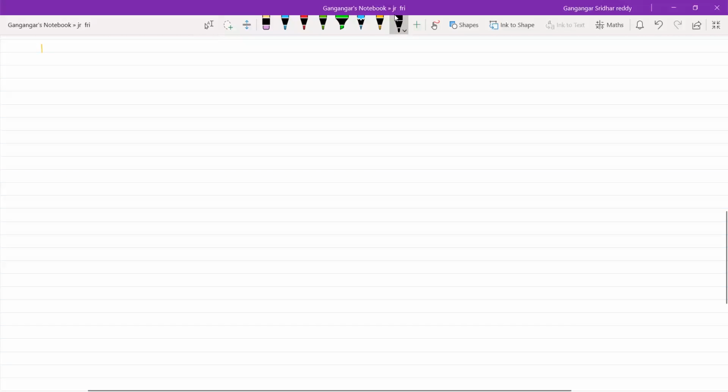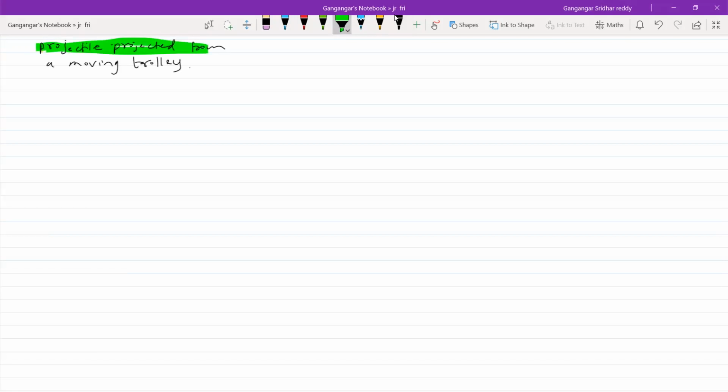Projectile projected from a moving trolley. This is the topic which I am picking up. So what do you mean by this?